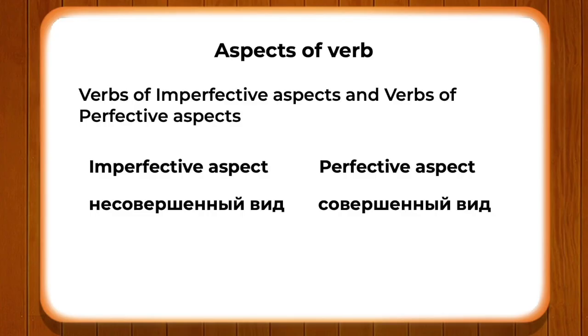The imperfective aspect in Russian is the nesovershenny vid. A perfective aspect is called sovershenny vid. So, nesovershenny vid and sovershenny vid. There are three ways by which the verbs of the perfective aspect differ from their imperfective verbs.